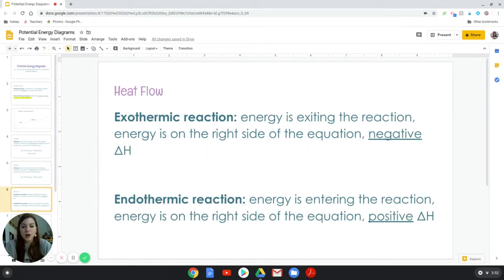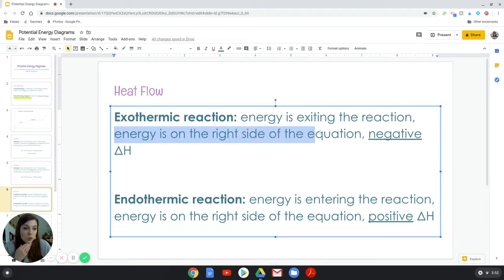Okay, so in an exothermic reaction, we are looking at an overall loss of energy where energy is exiting the reaction, and we wind up with a negative delta H. And something interesting is that when I write an equation, I could write heat or I could write some number of kilojoules, and that would be on the right side of my equation, indicating that it was coming out and it was a product of the reaction.